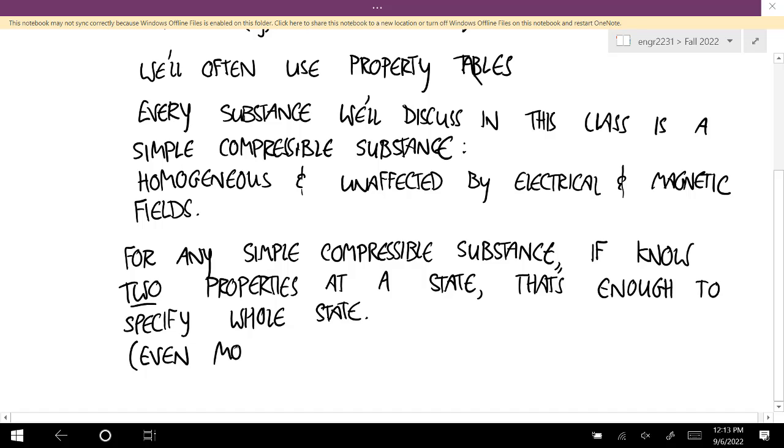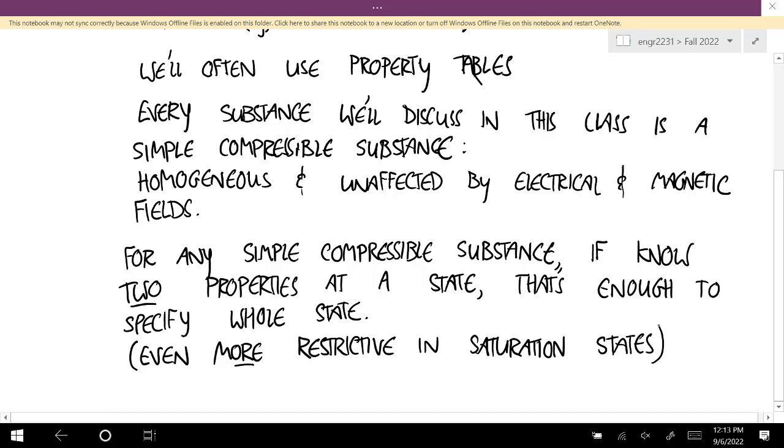It's even more restrictive in saturation states, and we'll talk about that in a few minutes. But the basic idea of saturation states is like when a chosen amount of water is in between ice and liquid.